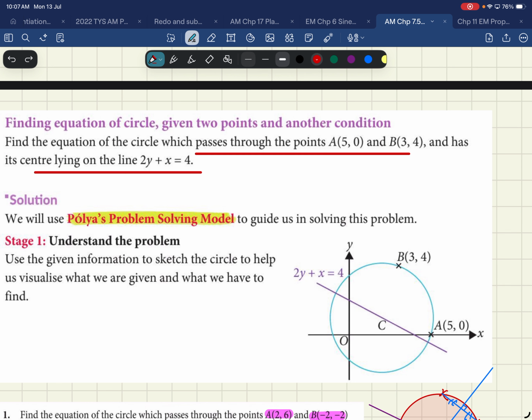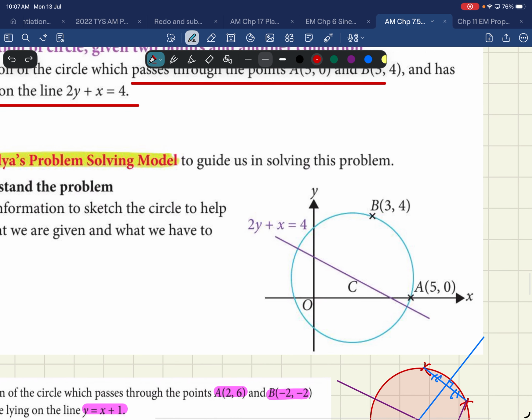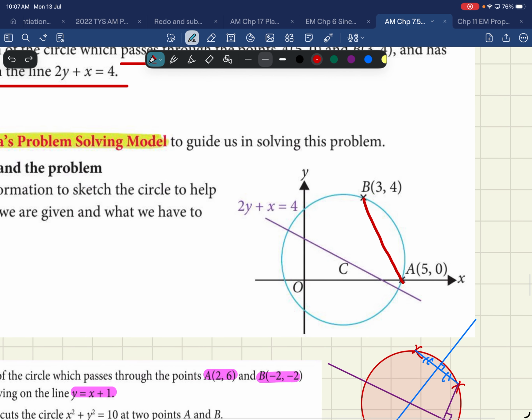The important clue in such a question is always using the 2 points that were given. When they say that the circle passes through these 2 points, indirectly they are telling you that these 2 points are on the circumference of the circle. If I join these 2 points together, it will form a chord.